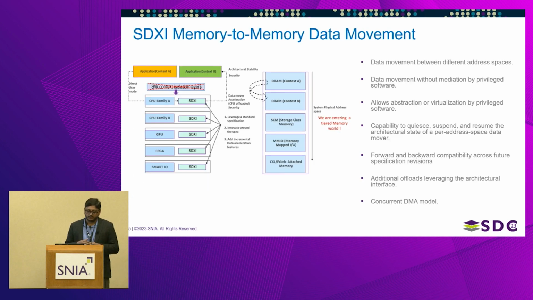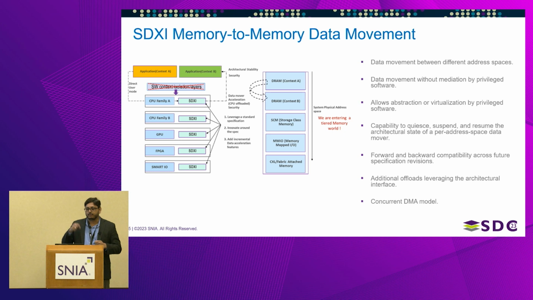What does it do? Among some of the design tenets that we ended up designing with, assuming you have an application and you wanted to do memory-to-memory data movement, today you have lots of software layers in between that you need to go through just to do simple data movement. We're trying to cut down a lot of these context isolation layers while preserving some of the tenets like architectural stability and security that these layers of software provide for us, in the form of hardware.